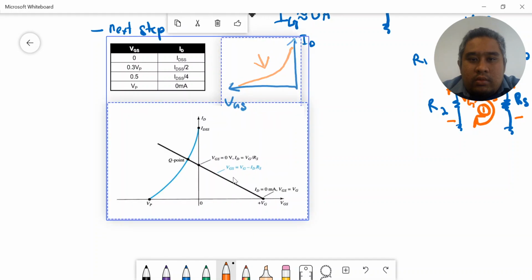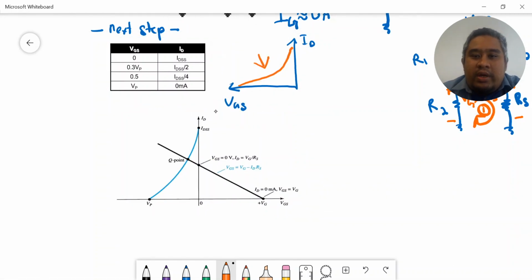Okay, follow this graph. We find the first point, second point and the intersection point.